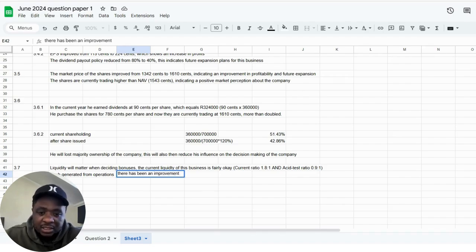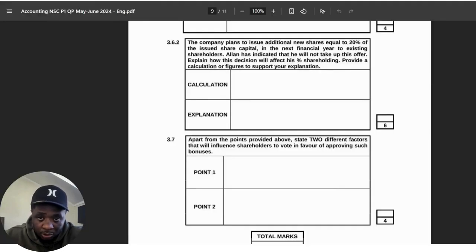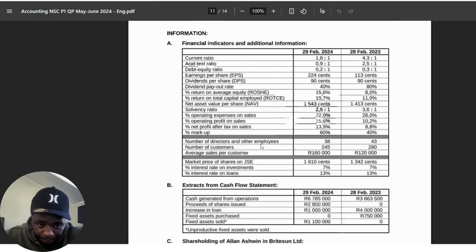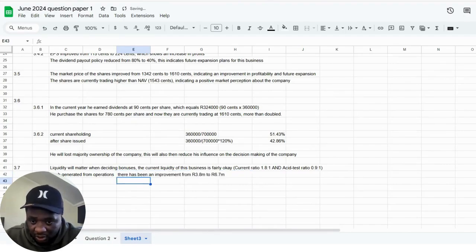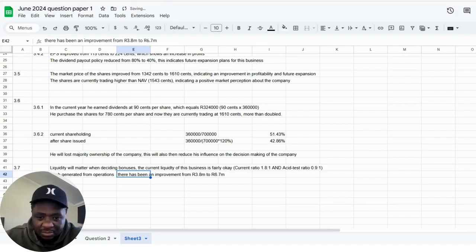So the improvement in cash generated from operations is from 3.8 million to 6.7 million. Okay, so those are some of the things that maybe I would consider.